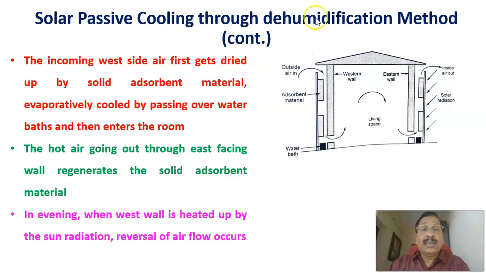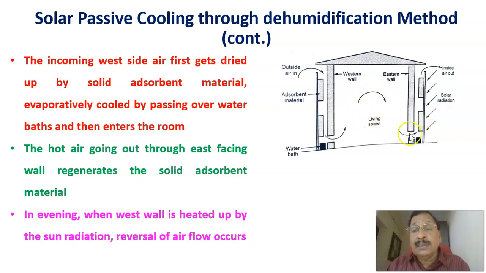Continuing the solar passive cooling through the dehumidification method, as we have seen, the east side gets heated during the morning, heating this area, and the hot air rises and goes outside. The outside air, the cool air, comes in on this side, and the living area gets cooled.